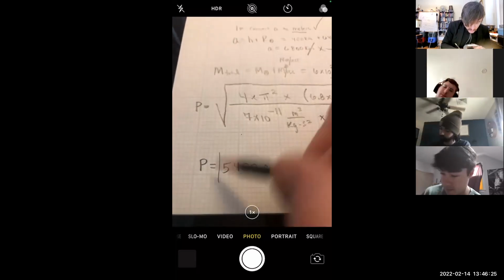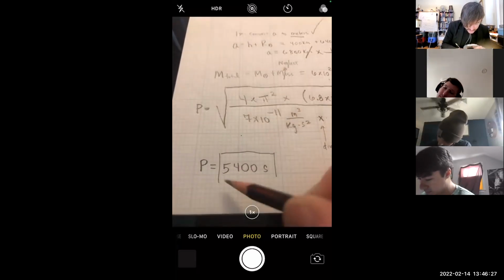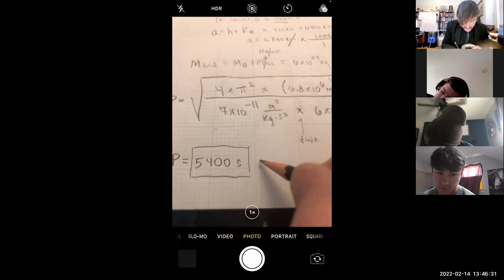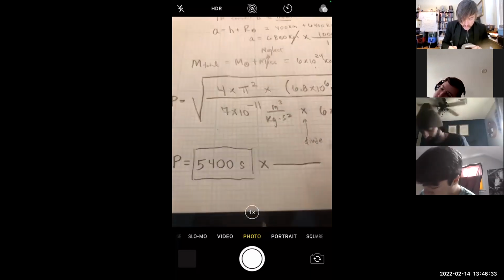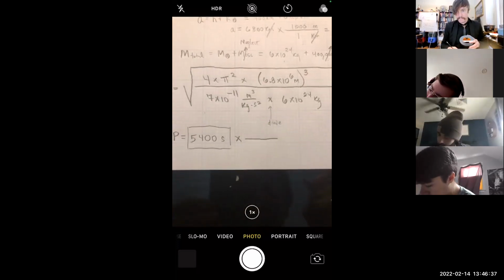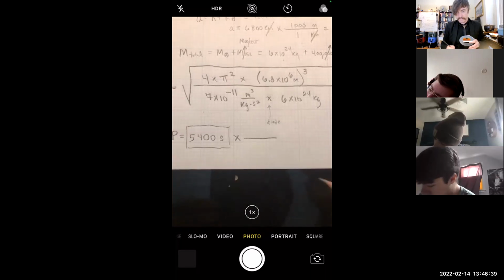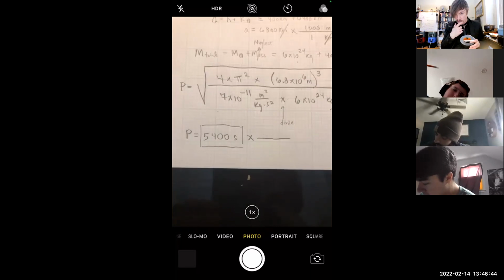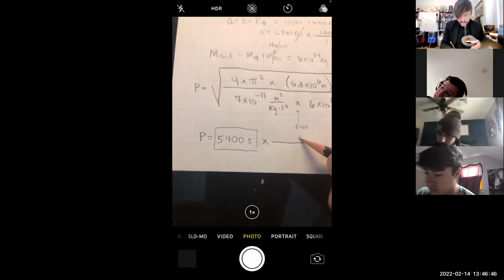But 5,400 seconds, it's not obvious what that means. Let's convert it to minutes. Division bar, what units go top and bottom? Minutes on top, seconds on bottom. Okay.